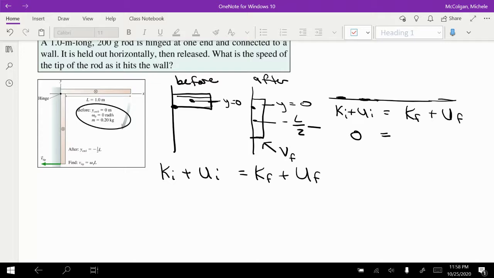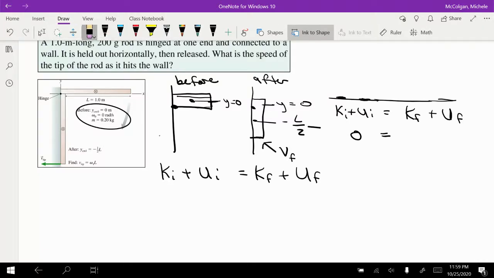So we're going to have both of these terms: a positive kinetic energy and a negative potential energy. And these are going to cancel, because we need that to be equal to 0 mechanical energy on the left-hand side.